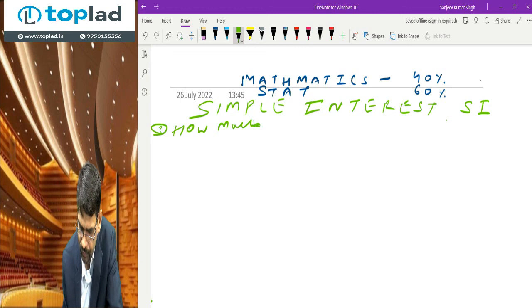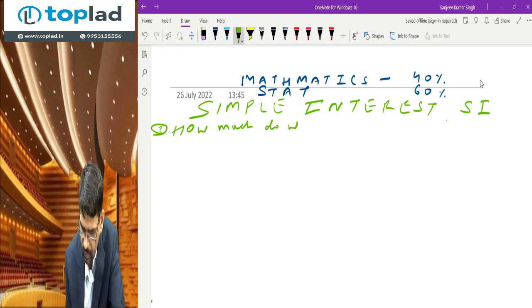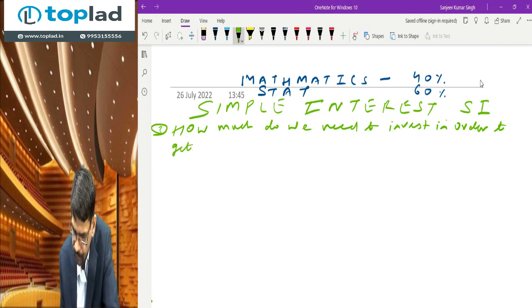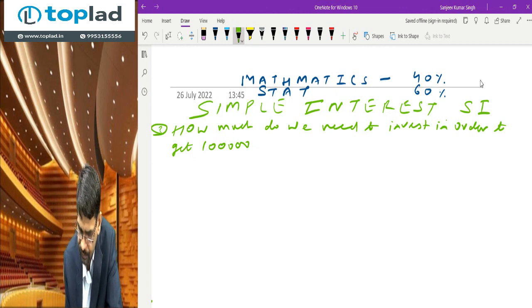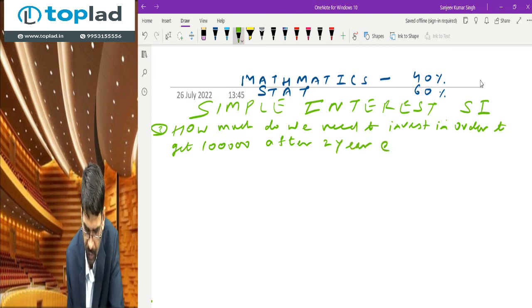How much do we need to invest in order to get 1 lakh after 2 years at the rate of 8%?